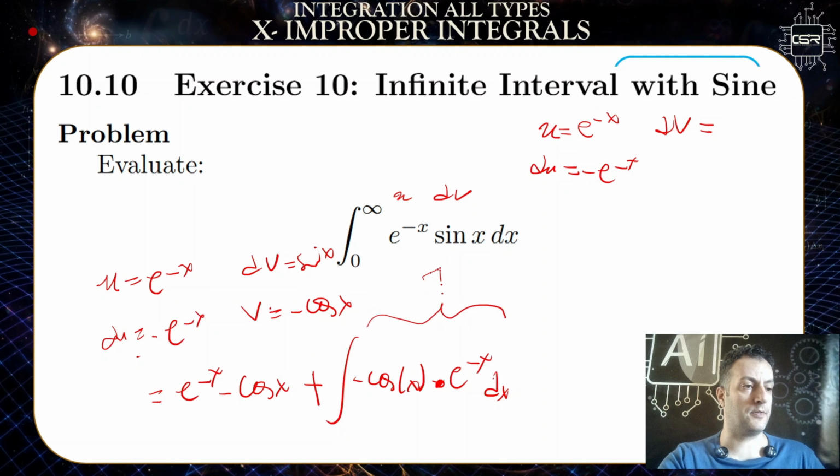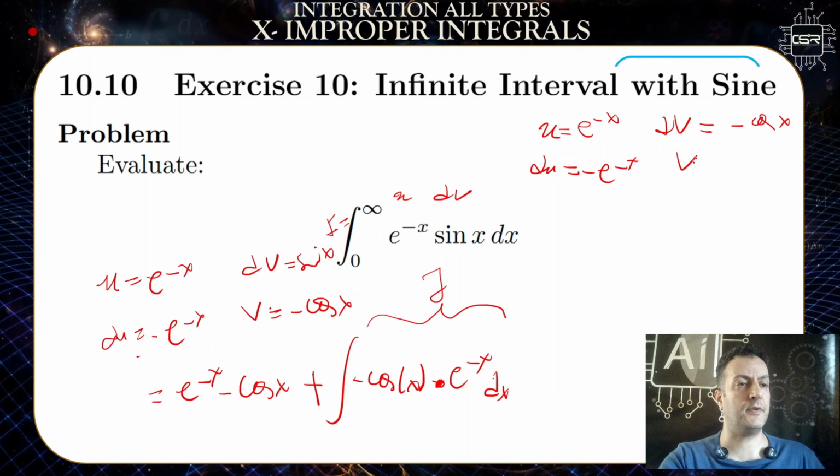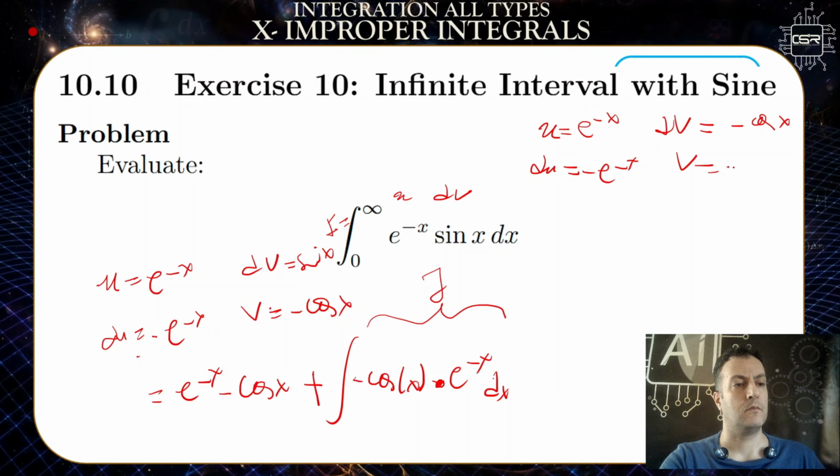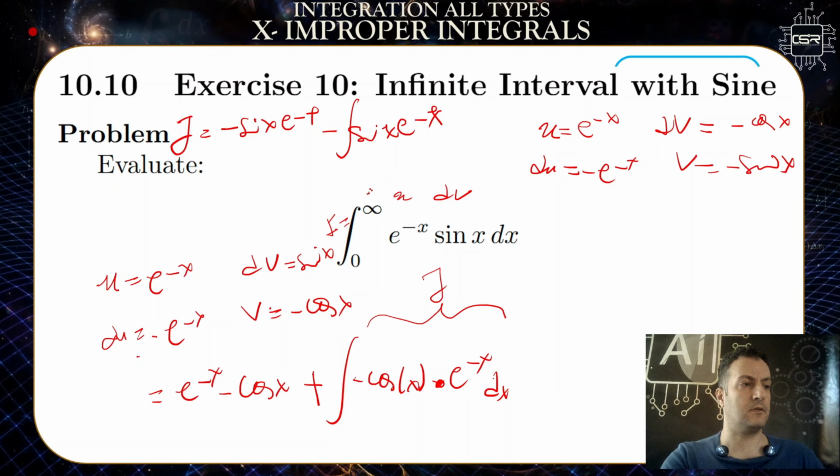We're going to call this J, and the first one I, the main one. dv equal to cosine x, v equal to sin x. So J is equal to uv, which is sin x e to the minus x, minus the integral of v du. So minus minus gives plus, we end up with 1 minus the integral of sin x e to the minus x, which is I.